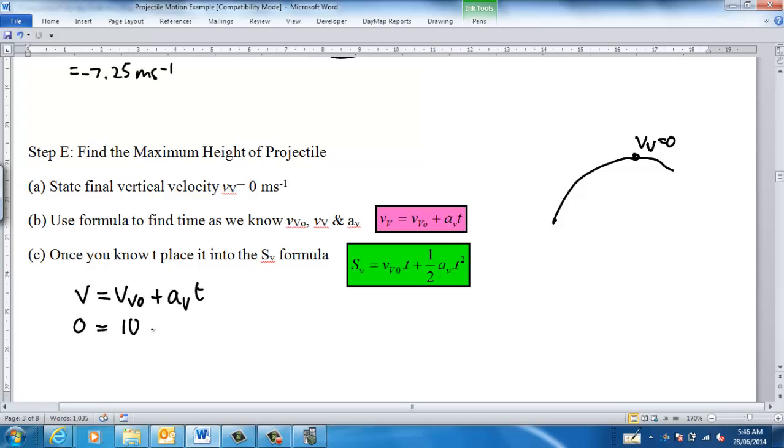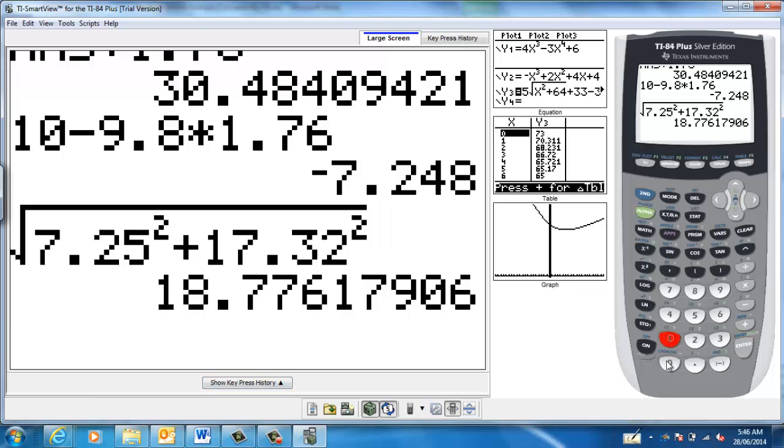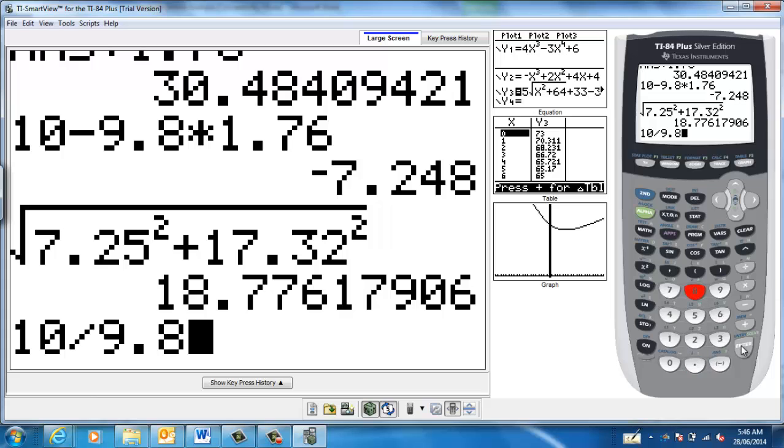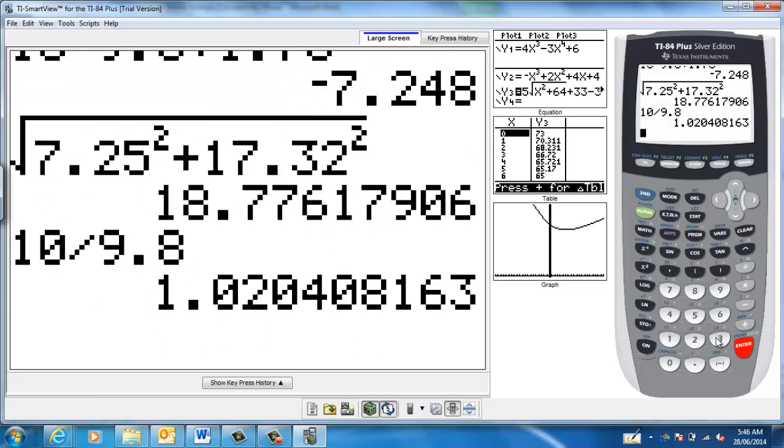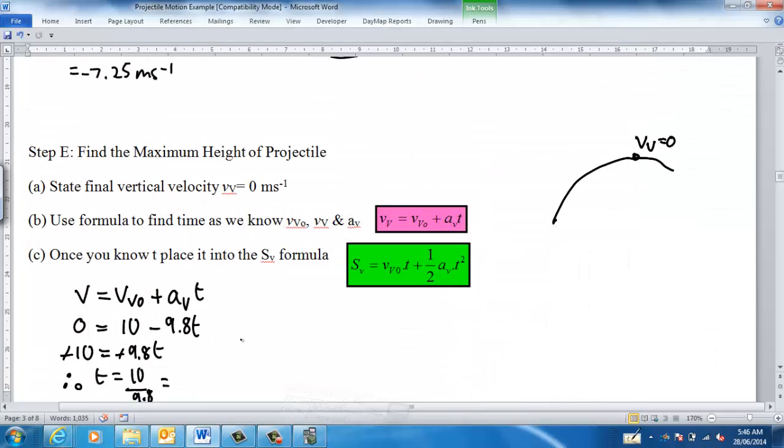We know that's 10 minus 9.8 T. So bring that across, minus 10 equals minus 9.8 T. Now the negatives will cancel out, so T is equal to 10 divided by 9.8, which will roughly give you something about 1 point something. So let's do it. 10 divided by 9.8 equals 1.02. You might as well just say it's 1 second, but we'll do 1.02 seconds.